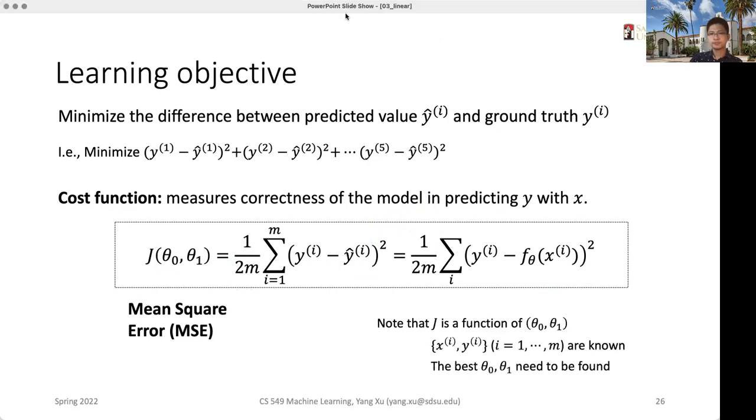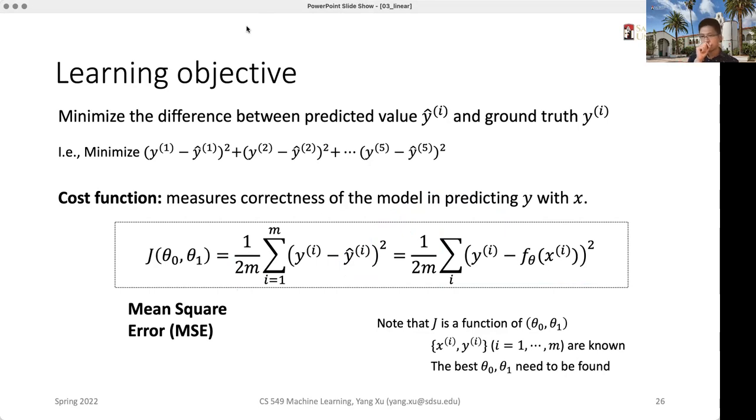One thing we need to keep in mind is that the function J here is a function with respect to theta 0 and theta 1. The thetas are the unknowns, while all the x and y's are known because they are from the training data.